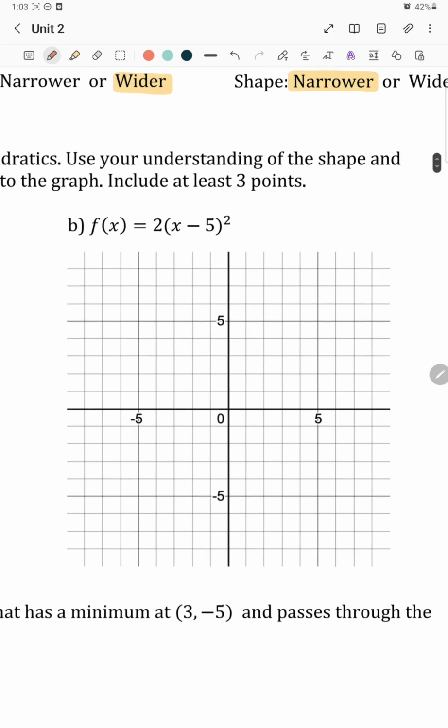Okay, so the vertex is going to be 5, 0. Positive means upwards.